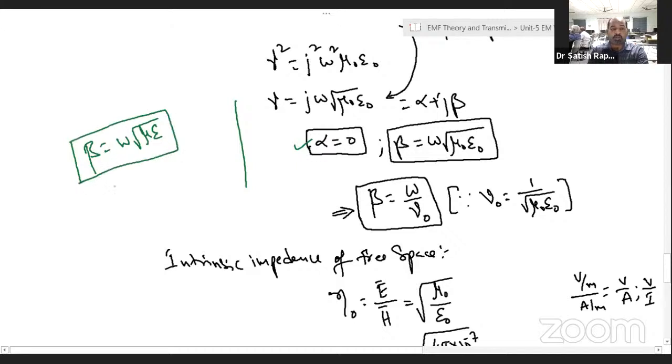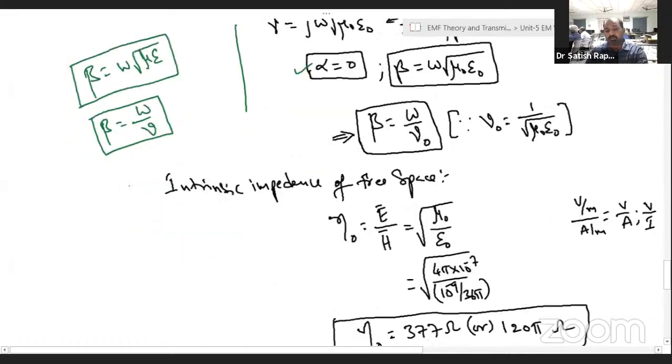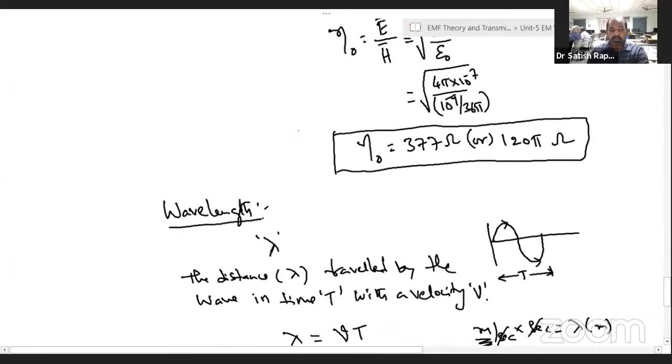Now it is not mu naught epsilon naught, it is mu epsilon. And beta is equal to omega by v. And intrinsic impedance is equal to root mu by epsilon.